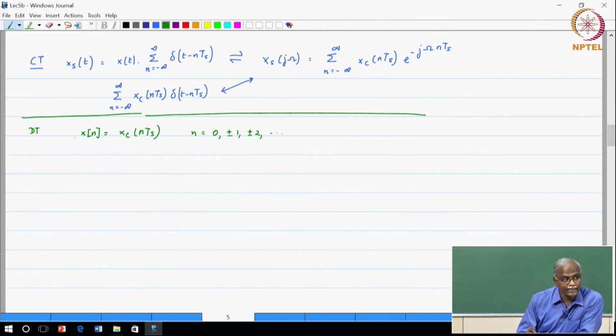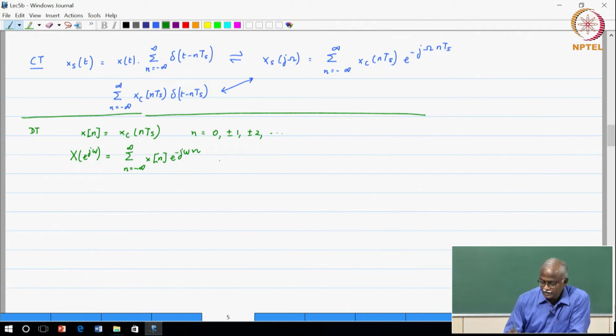For the discrete time sequence, we define the discrete time Fourier transform X e power j omega as the following: summation n equal to minus infinity to infinity x of n e power minus j omega n. This can also be written as summation n equal to minus infinity to infinity xc of nTs e power minus j omega n. I have two equations which are very interesting and important.